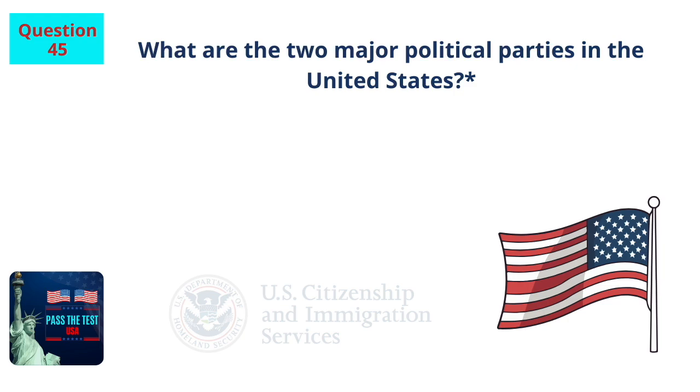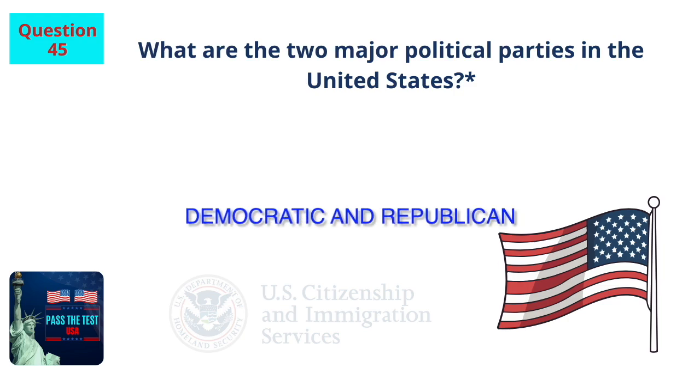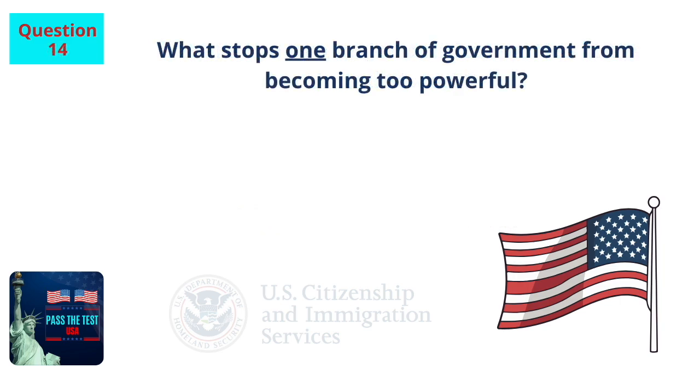What are the 2 major political parties in the United States? Democratic and Republican. What stops one branch of government from becoming too powerful? Checks and balances.